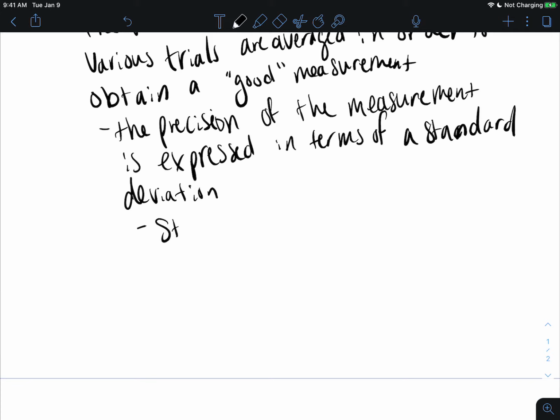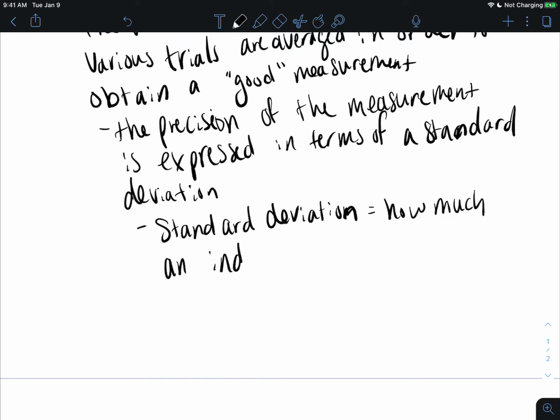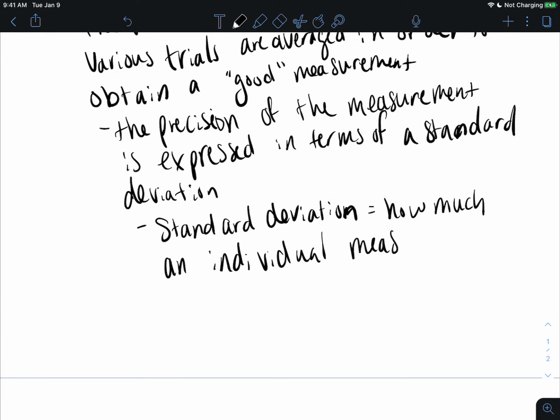So standard deviation is how much an individual measurement deviates from the average.